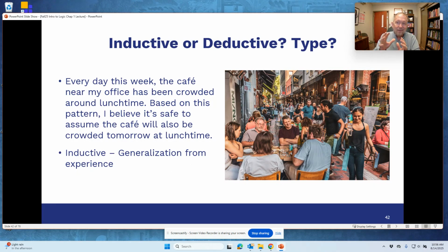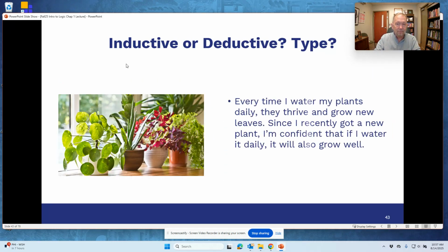And again, you're not going to get asked for these fine-tuned categories like generalization from experience. This would just be in a generalization category. So that is what you need to understand. We've seen trend, we've seen statistical generalizations. Now you see a generalization from experience.